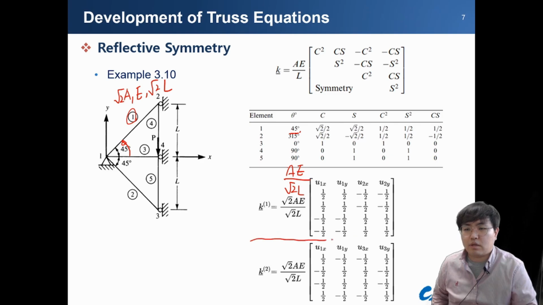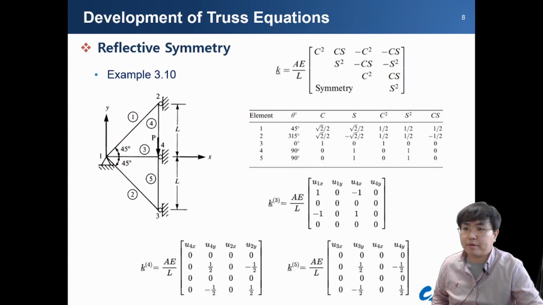After making the first local stiffness equation, let's check the second one. The second one has a minus 45 degrees rotation, or 350 degrees. In that result the sine value has a positive value, so the matrix looks like this.